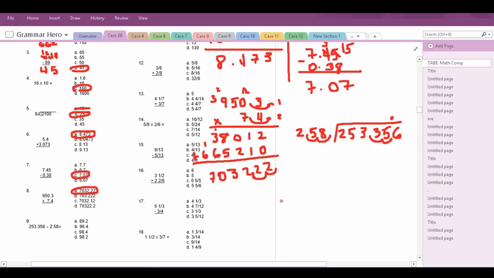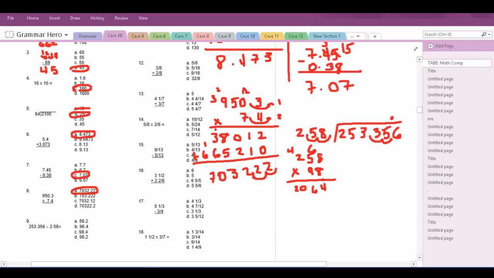We've got, again, 258 times 98. We're not going to worry about the decimals now. And we've done quite a few of these already. 8 times 8, 64. Okay, 8 times 5 is 40. 40 plus 6 is 46. Bring our 4 up here. 8 times 2 is 16, plus 4 is 20.